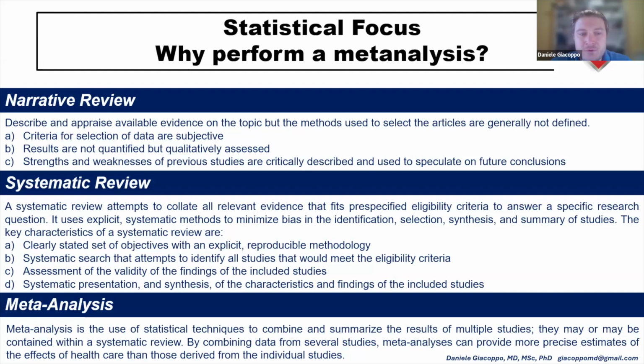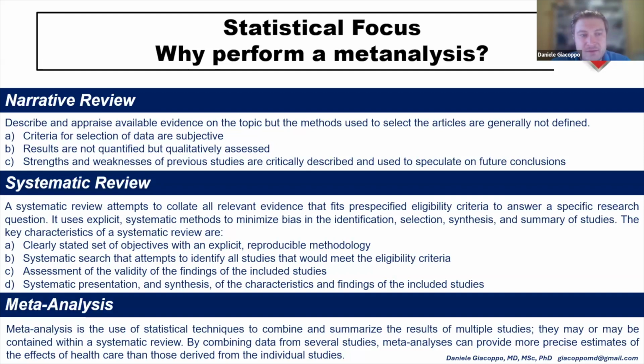The systematic review is a more structured type of review, where you have criteria for selecting the literature and searching your sources, and the methodology should be reproducible with a systematic search across databases.